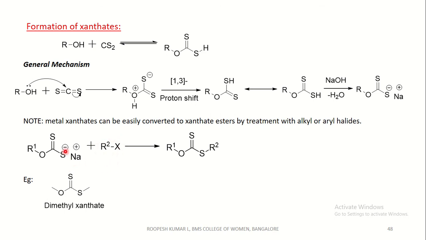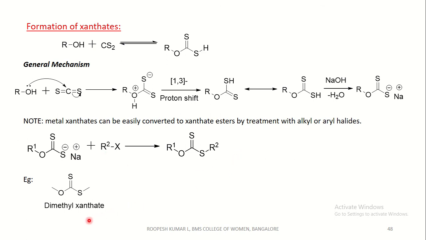That is, this negative charge attacks this R group with the elimination of the halide X to form the corresponding xanthate ester. This is a xanthate ester, with the elimination of NaX salt.